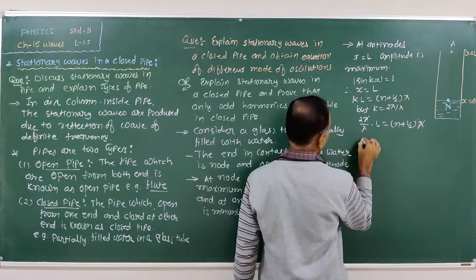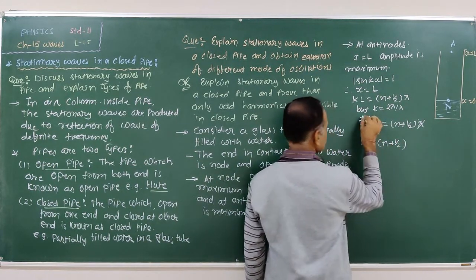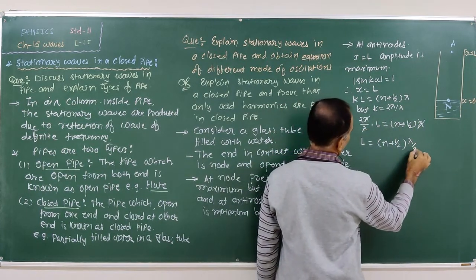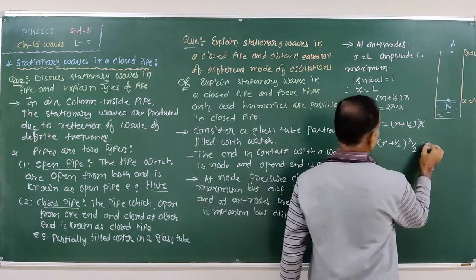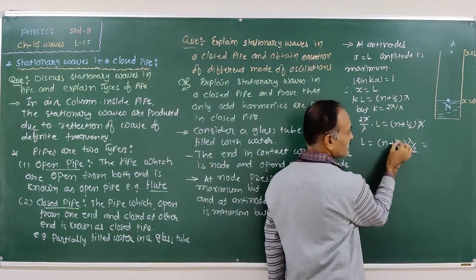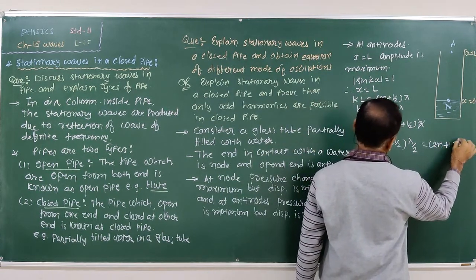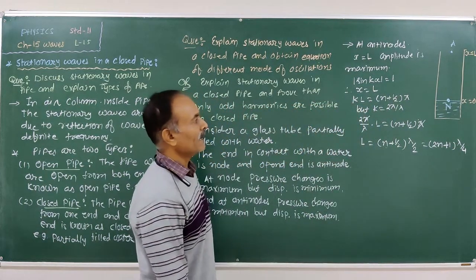L is equal to n plus 1 by 2 into lambda by 2, with the 2 upon lambda taken to the right-hand side. This equation is also written as, 2 is the LCM, 2n plus 1 into lambda by 4.